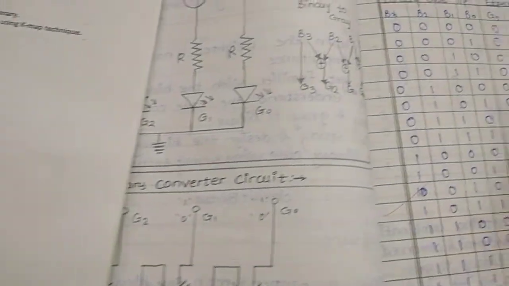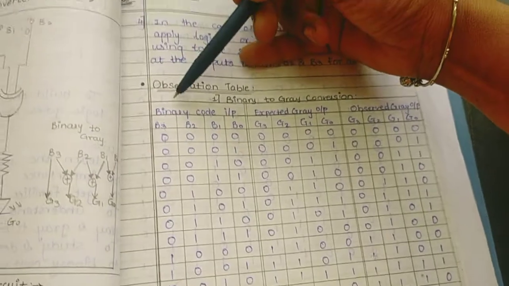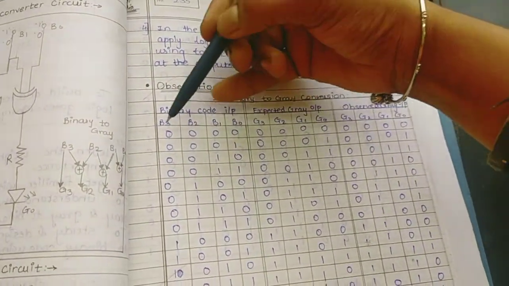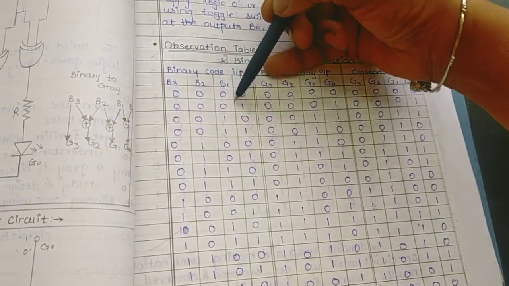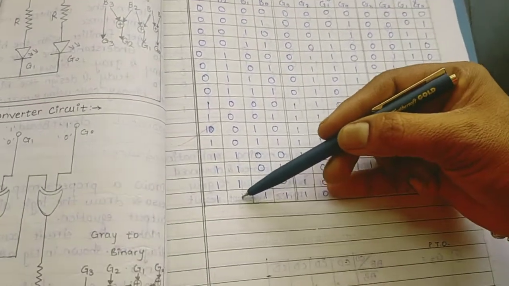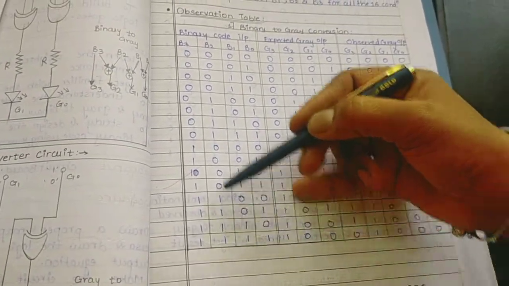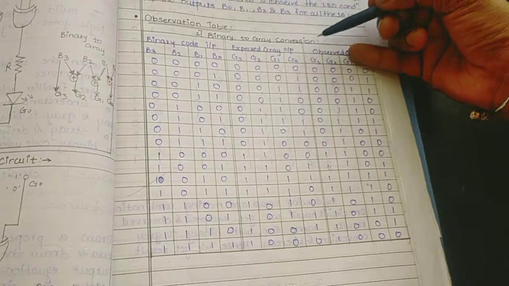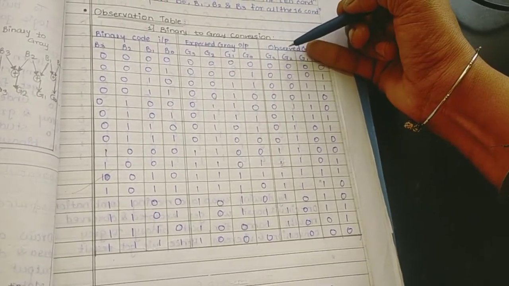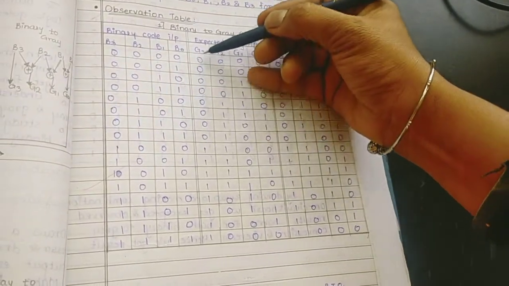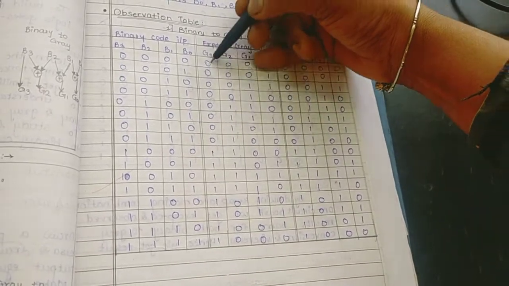In this table we need to represent the binary code in sequence, from 0 0 0 0 to the last one, 1 1 1 1. We need to represent this conversion with the equivalent gray code. After calculating, we will observe how it comes.